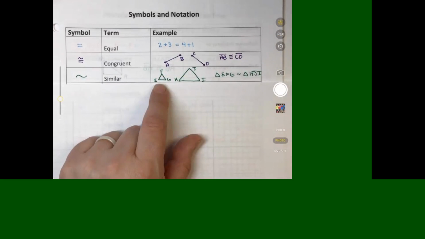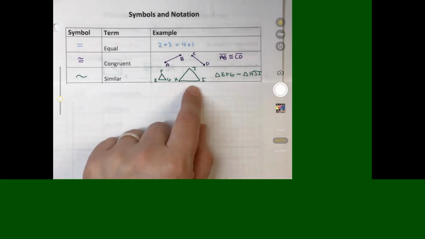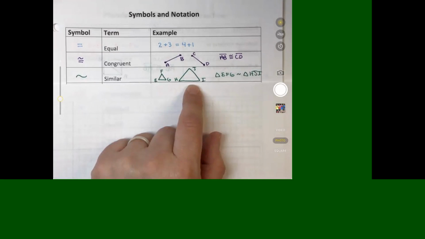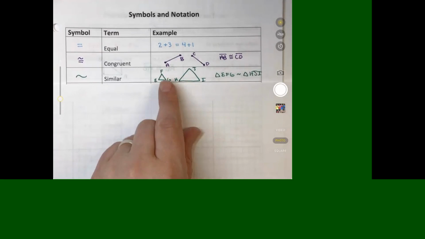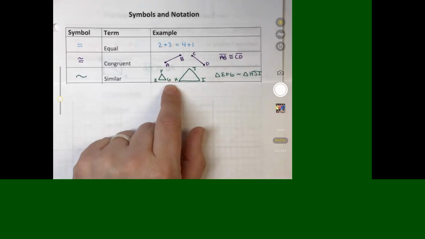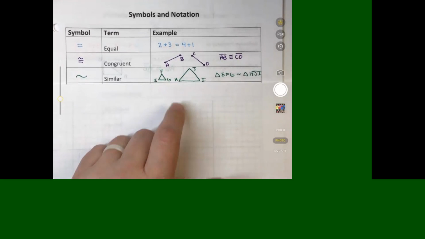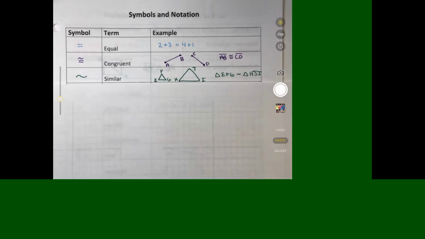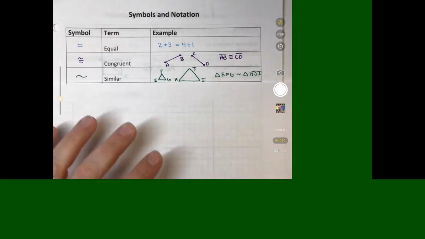This little triangle, triangle EFG, is not the same size as my triangle HJI, but they are similar because they're going to have some of the same properties. Similarity means that they are going to be proportional to each other. That means that one of them is an enlarged version of the other, or you can think of it like a reduction, a smaller version of the other one, okay?